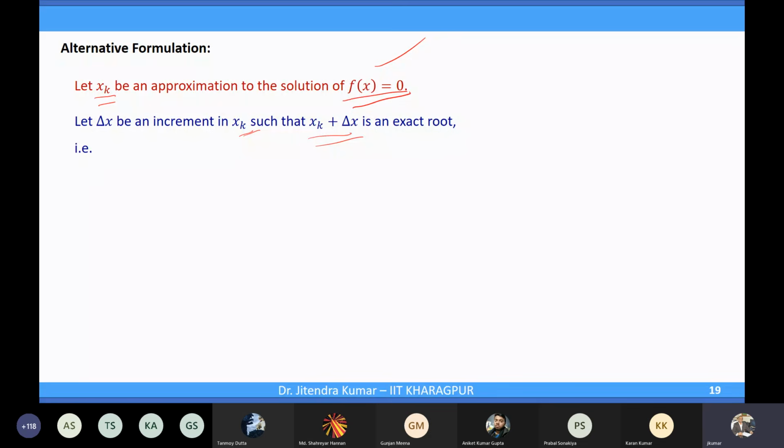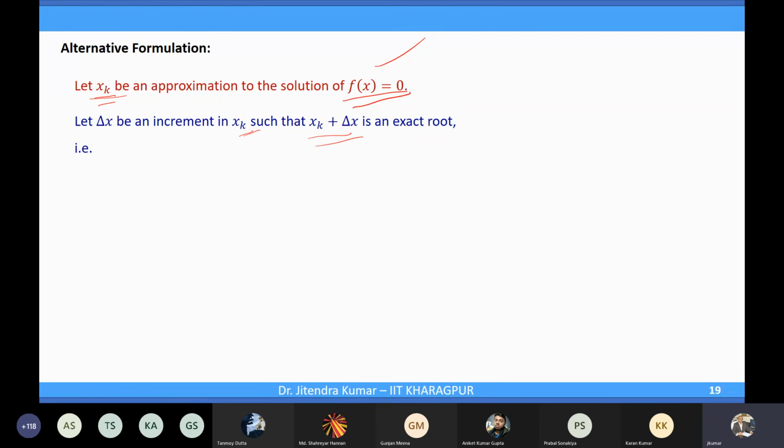So x_k is the approximation at some k-th step. Usually you start from x_0, but to generalize it we have taken x_k as the approximation at some point. So x_k is the approximation, and we add or subtract something, delta x, so that x_k plus delta x is an exact root.